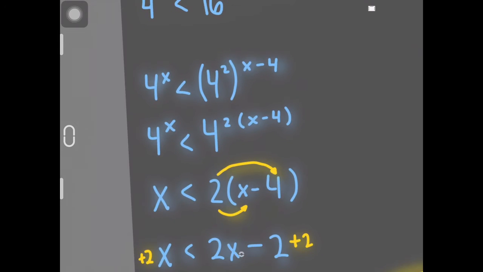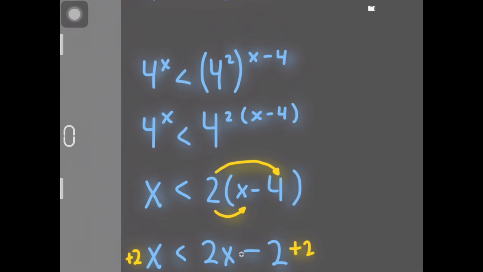In the second step, since 4 is greater than 1, we will apply the first important thing we mentioned earlier. What we'll do is simply copy the symbol, which in this case is greater than, and bring down the exponents.